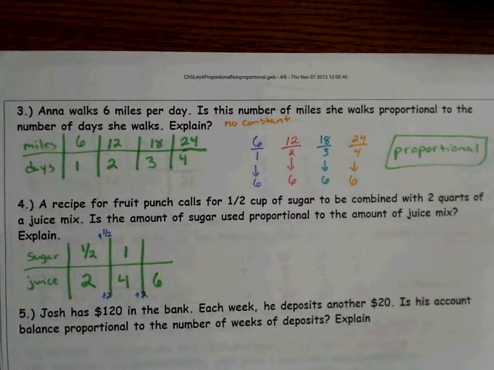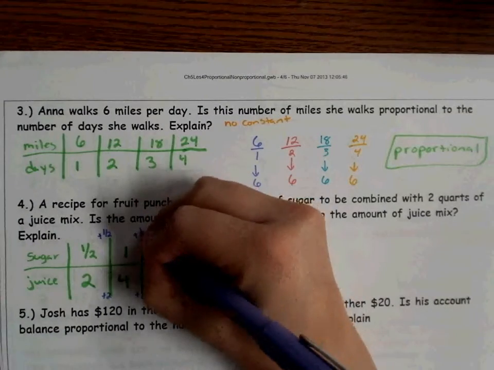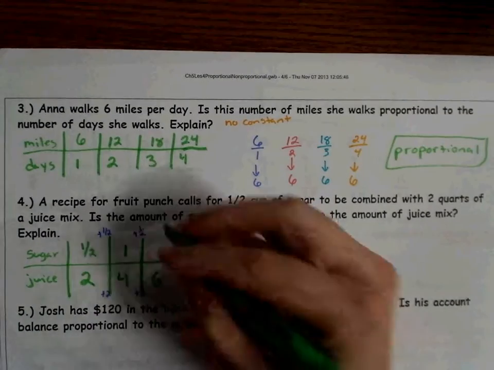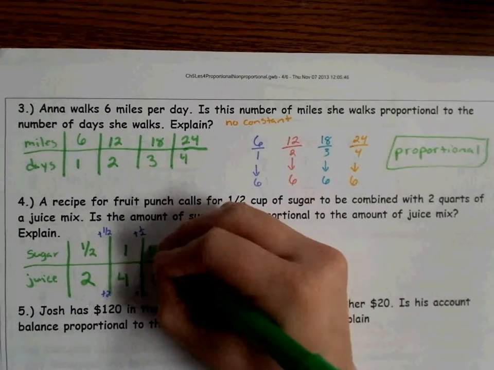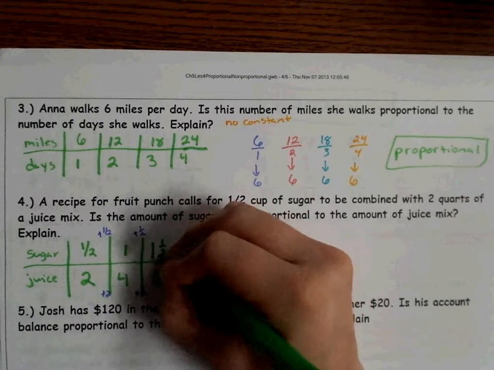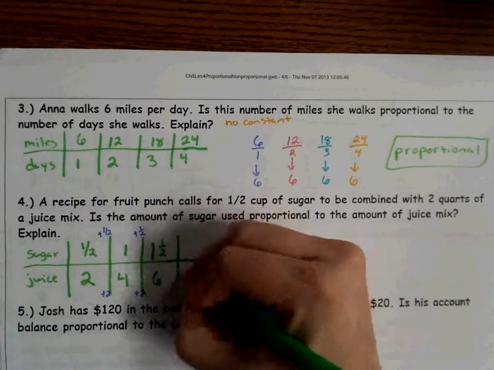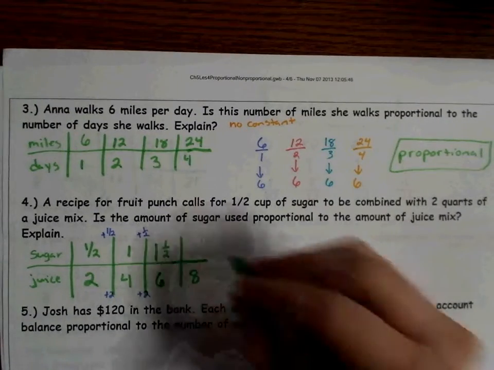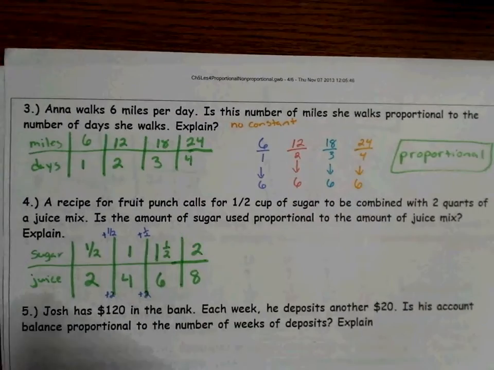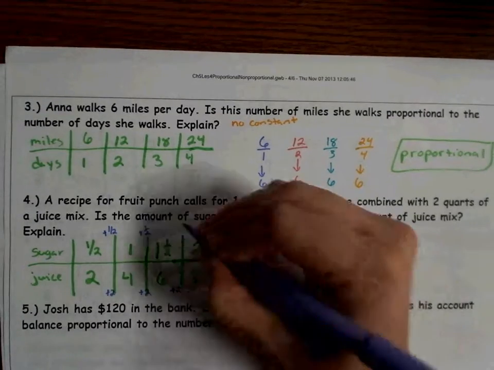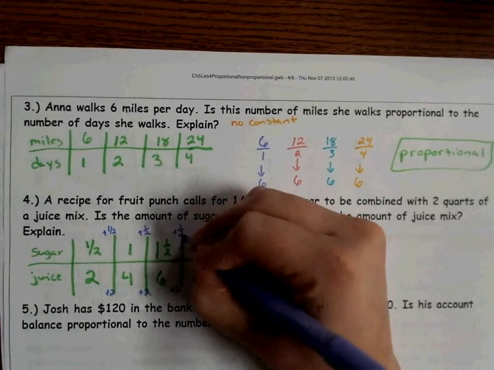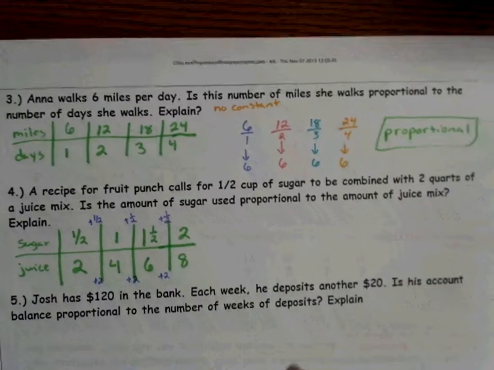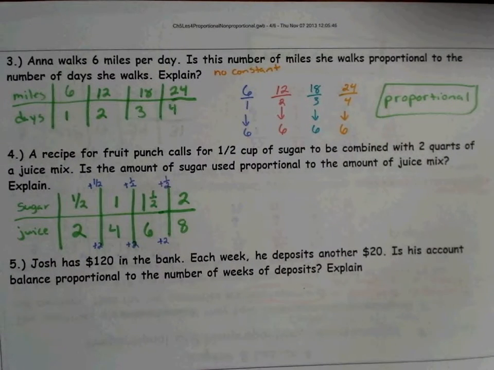I'm going to increase my sugar by 1/2, and this will become 3 over 2, or 1 1/2. And if I increase to 8, how much sugar should it be? 2, right? If I increase the juice by 2, I increase the sugar by 1/2. And again, guys, these notes will be posted online in case you need to re-watch. Okay?